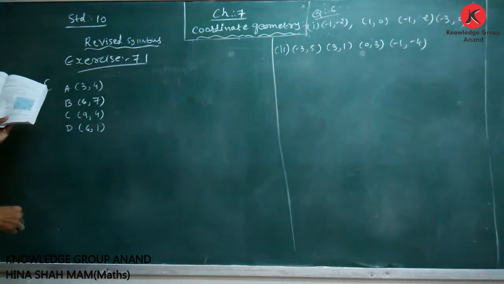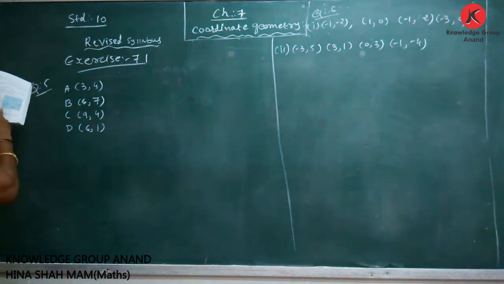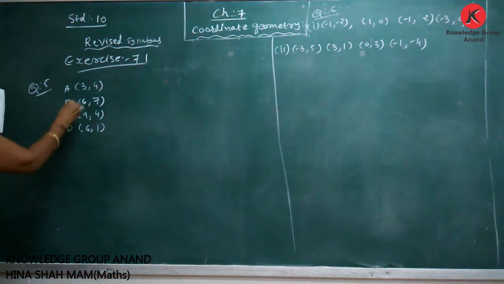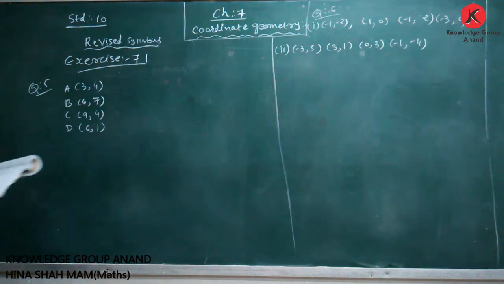In the graph, we have the x-axis and y-axis. We know A (3, 4), B (6, 7), C (9, 4) and D (6, 1).